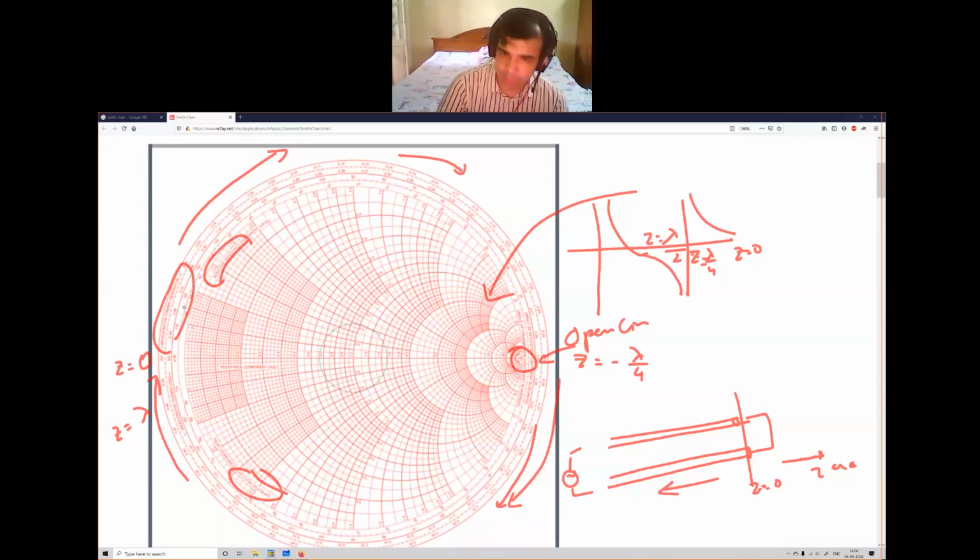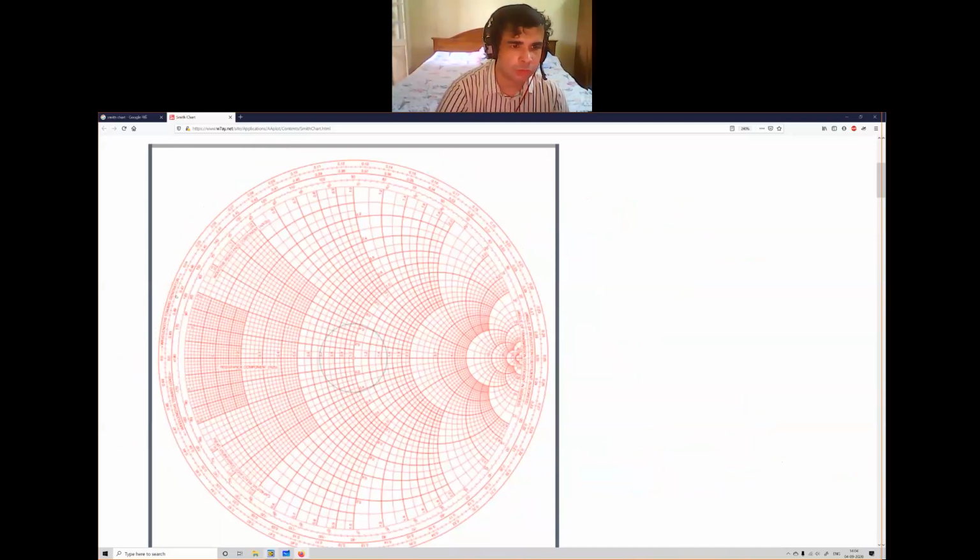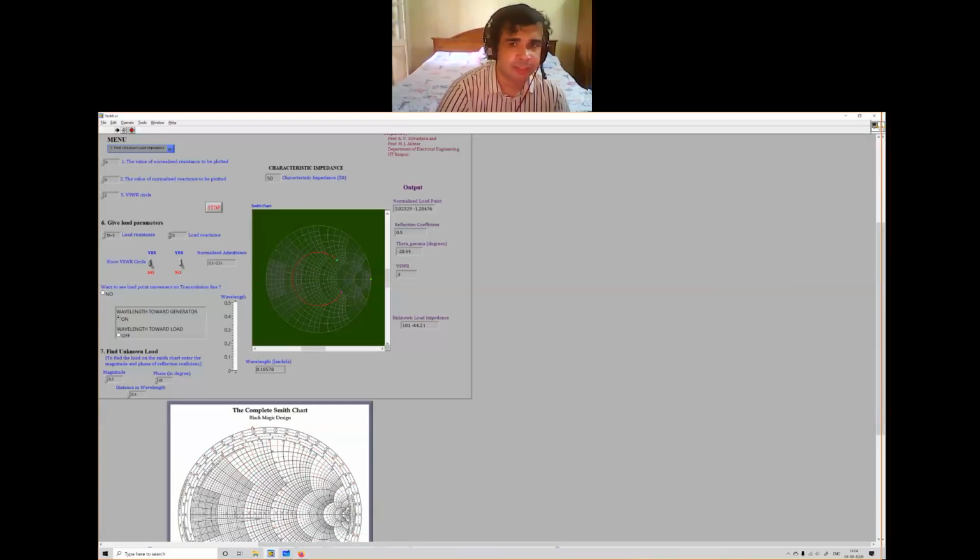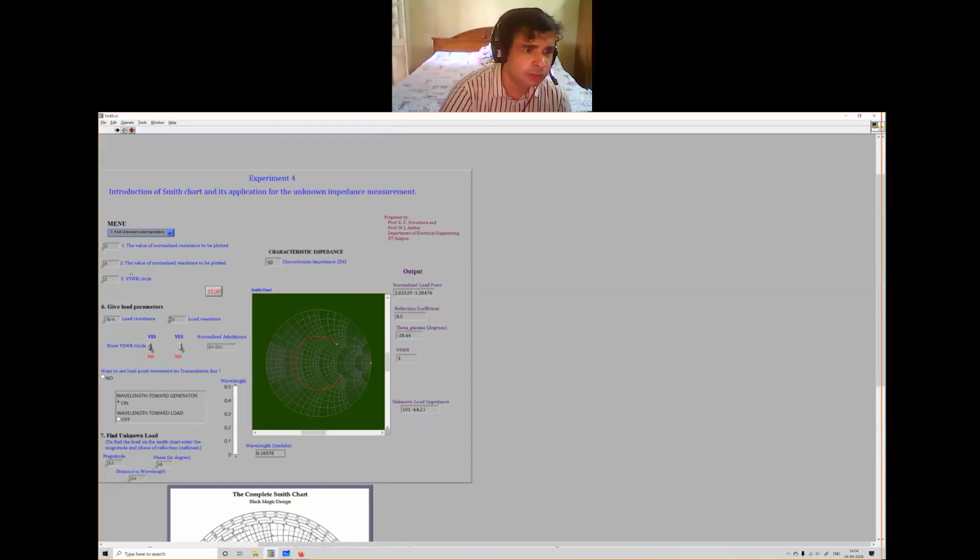Now the seventh experiment, we will not do it on the virtual lab. We will do it here. The seventh experiment tells us to find the unknown load impedance. So we take a reflection coefficient.